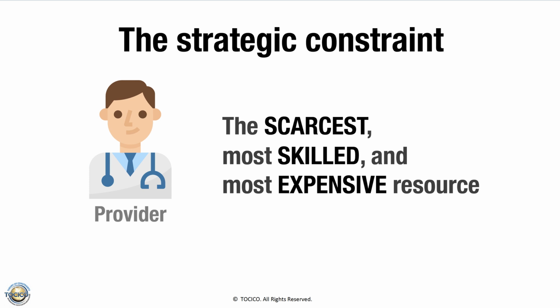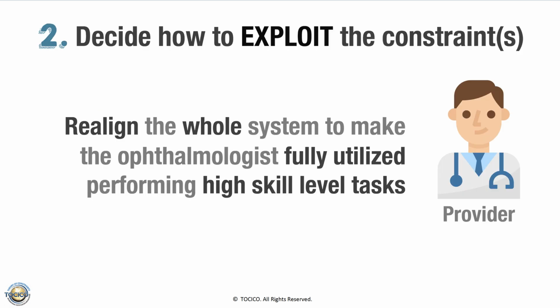So we had to do it better. I had to exploit myself better. So how could I exploit myself? Well, we had to realign the whole system to make me be fully utilized and performing only high-level skill tasks.